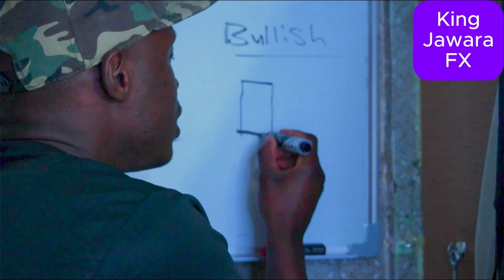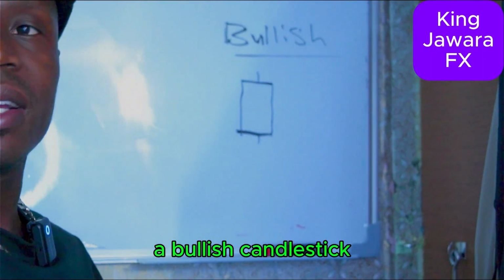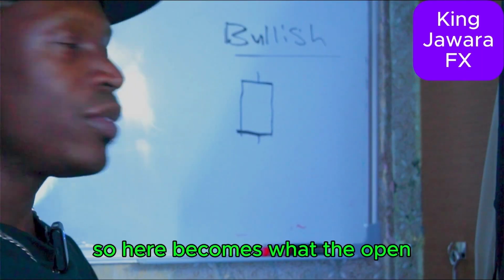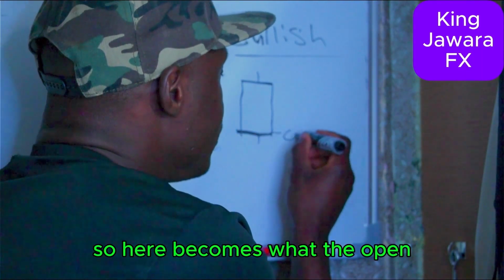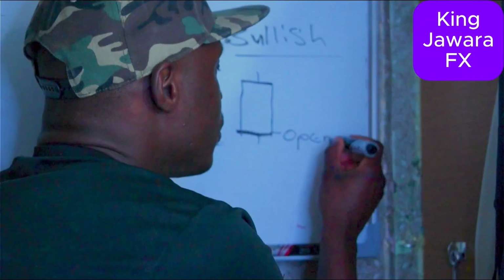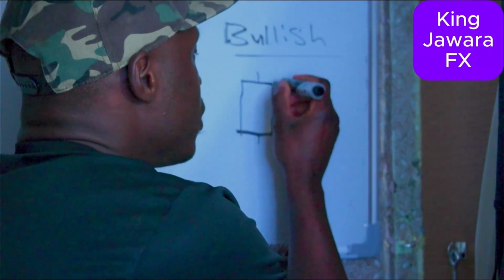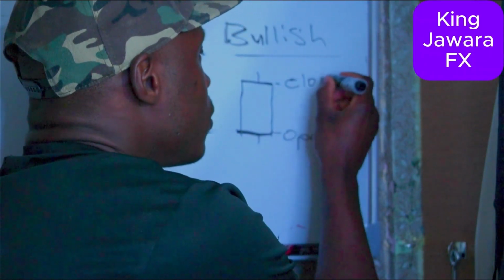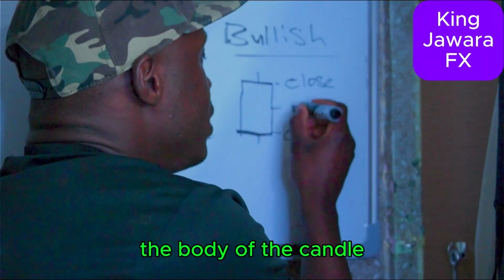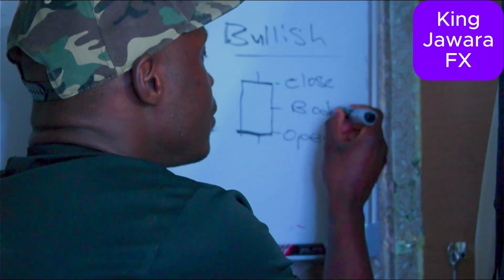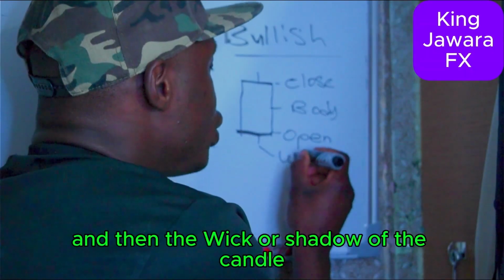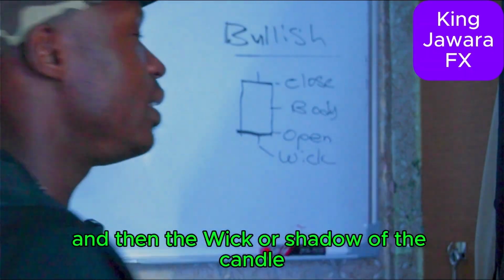We get what? A bullish candlestick. So here becomes what? The open, the close, the body of the candle, and then the wick or shadow of the candle.